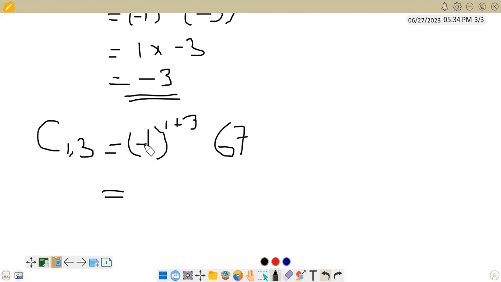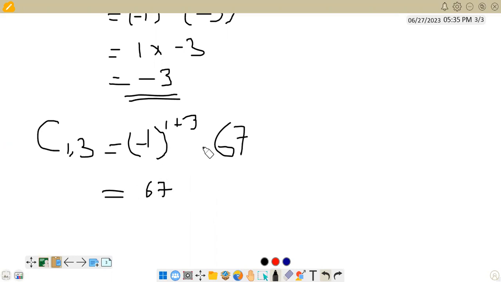Ndekuti izakhala negative 1 times negative 1 times negative 1 times negative 1 ndeti izakhala positive 1. So positive 1 times 67, the answer will be 67. So this is our cofactor.